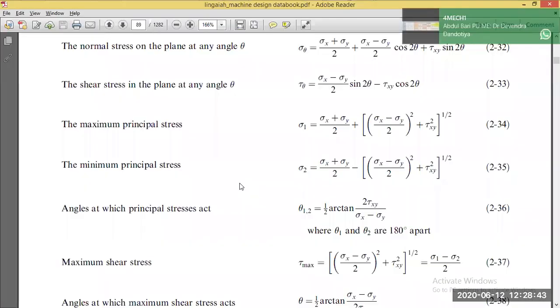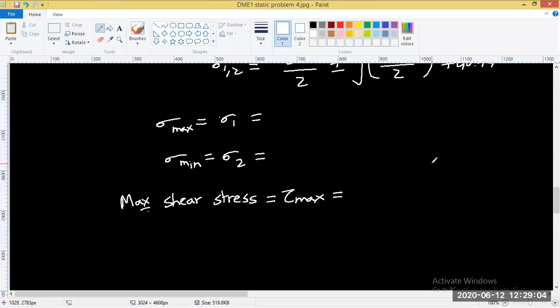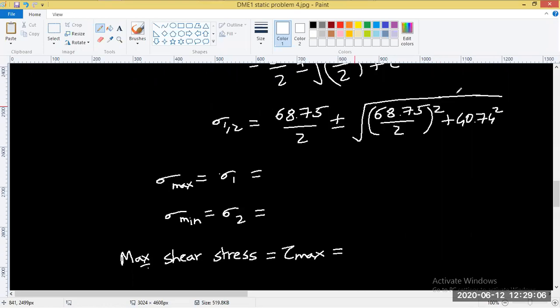For most of the equations you can refer to it. So maximum shear stress here again, you have sigma x minus sigma y whole square. That is only the second part. I told you before, it is just the second part of this equation, only half of the second part of the equation from the principal stress. So what you can do is just extract this portion here.